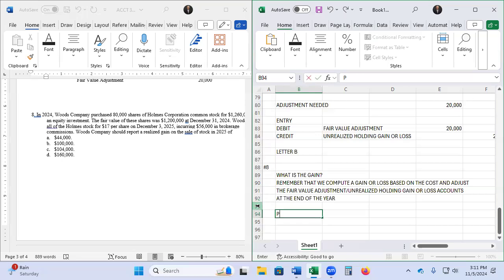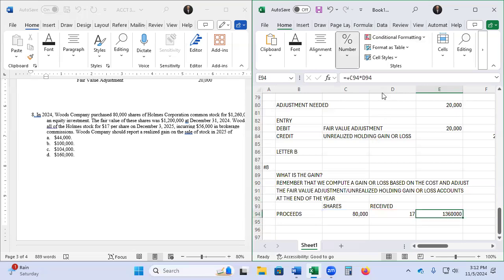So we compare our proceeds, and our proceeds says we had 80,000 shares, and we received $17 per share. Multiply that out, 1,360,000.